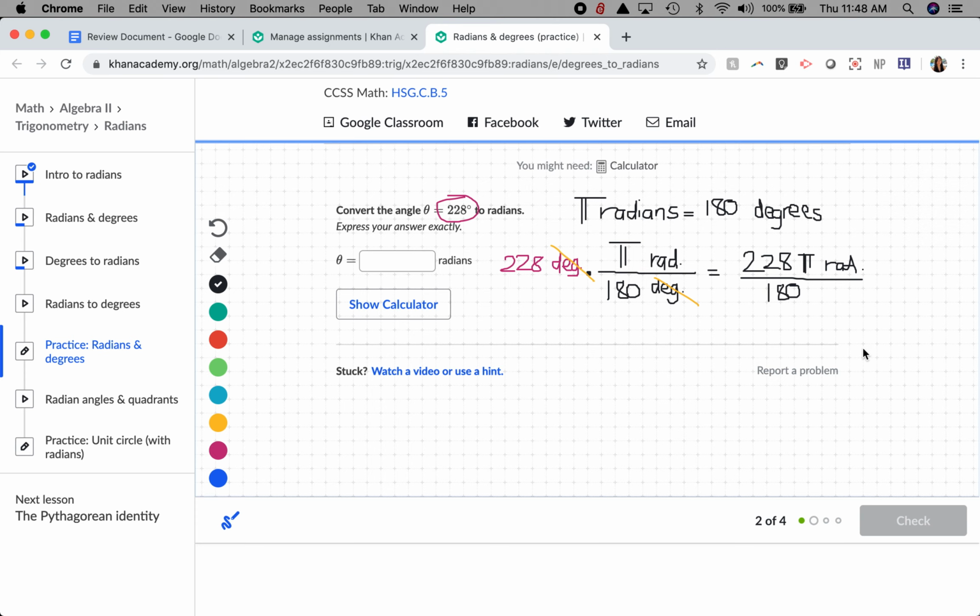Now what we're going to do is see if 228 and 180 divide evenly. If you do that on a calculator, you're going to see that those do not divide evenly.